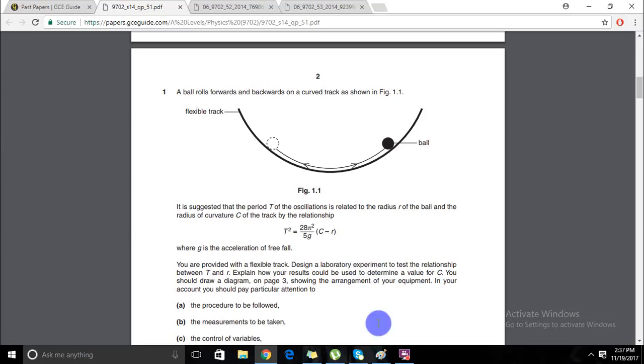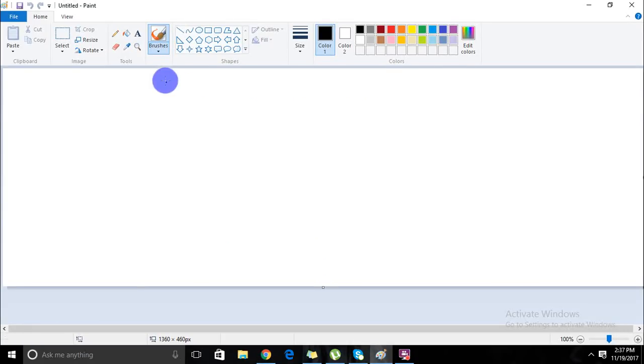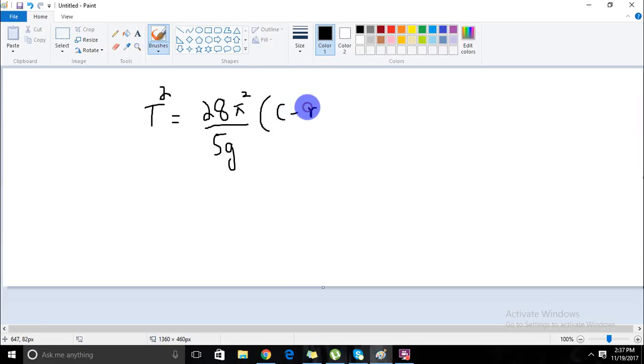So we can write this as T squared is equal to 28 pi squared over 5g, and all of this is basically multiplied to this difference between the radius of the curvature of the track and the radius of the ball.